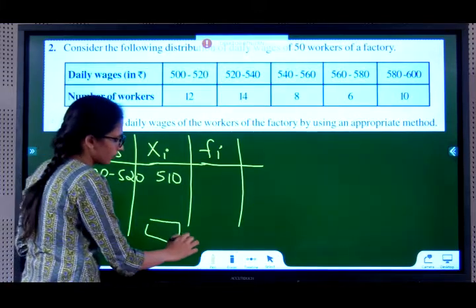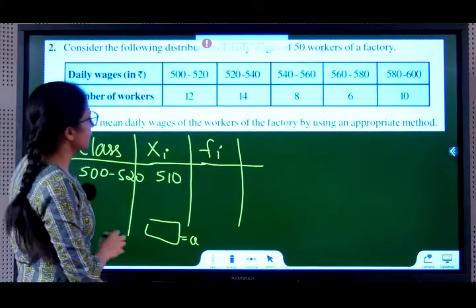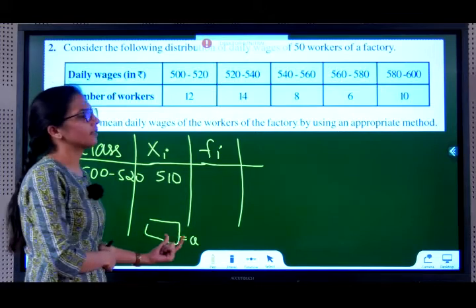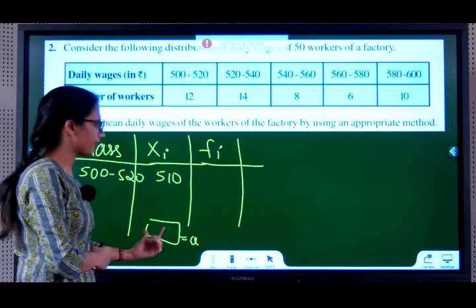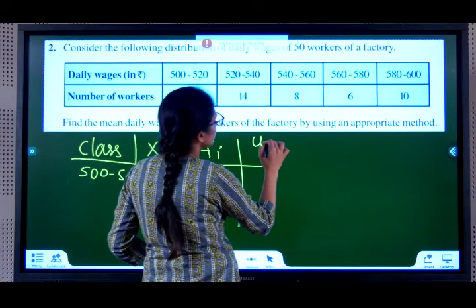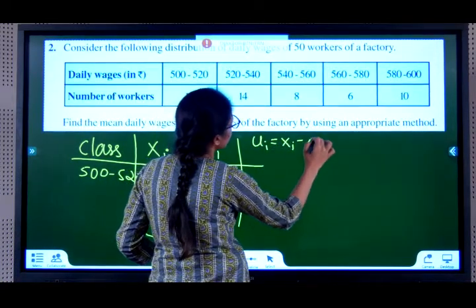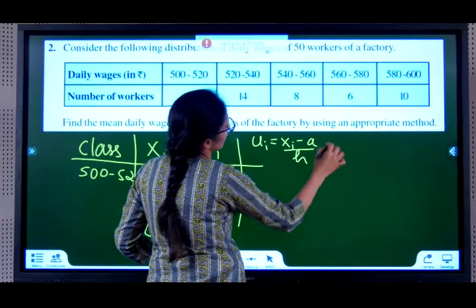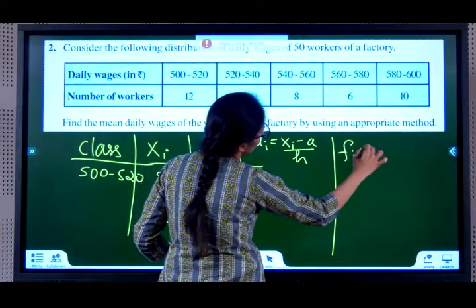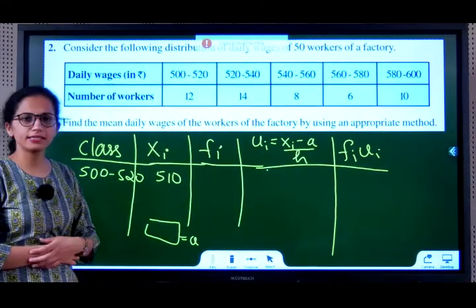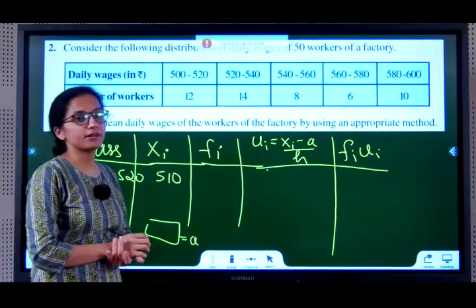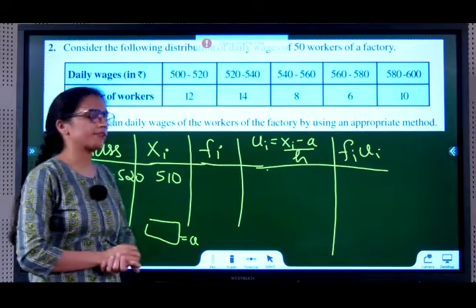So choose your A. What will be the value of A? You first form your table, choose your centermost value as A, then substitute ui is equal to xi minus A by h and then find Fi into ui. Pause the video, solve this and then verify if you get the same answer as what's put up over here.